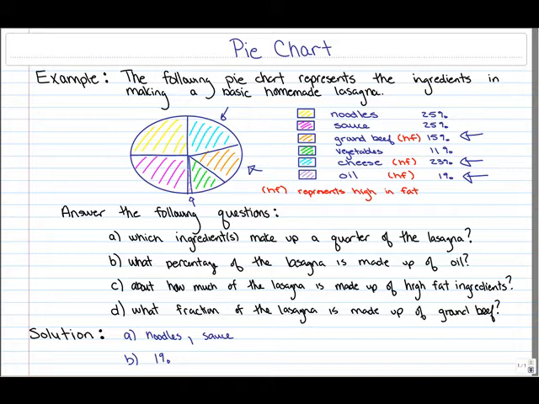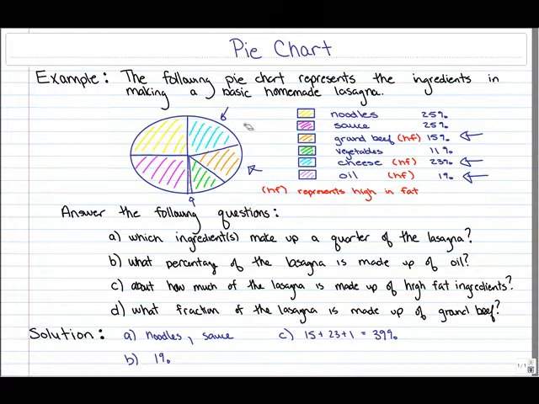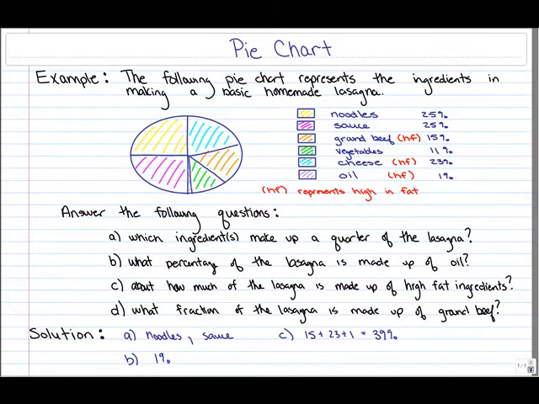So if we just add up all of those percentages, we'll figure out the entire high-fat content. So 15% plus 23% plus 1% would give us a total of 39% of this lasagna made up of high-fat ingredients.